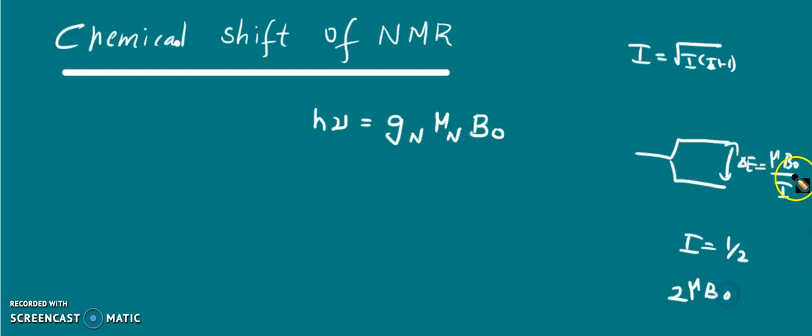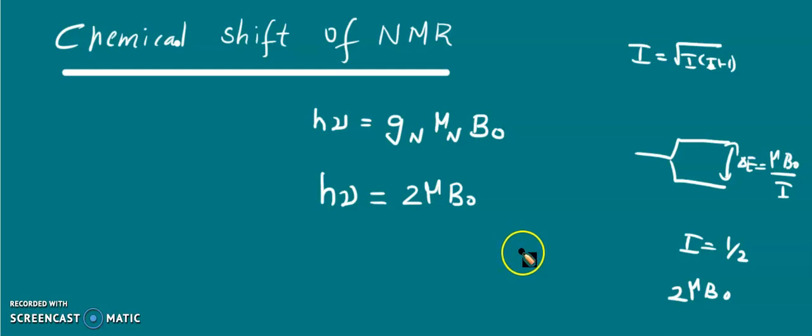So we have already derived this. We can either use the equation h nu equal to Gn mu n B0, or h nu equal to 2 mu B0 or mu B0 by I in the case of protons.